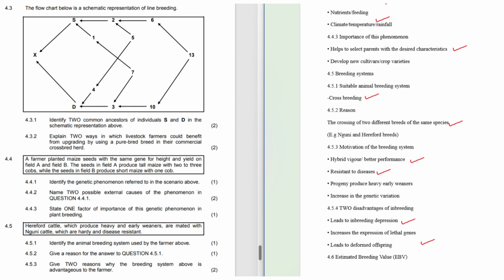4.5 next. Hereford cattle which produce heavy and voluminous meat are mated with Nguni cattle which are hardy and disease resistant. 4.5.1 Identify the animal breeding system used by the farmer above. This is crossbreeding.